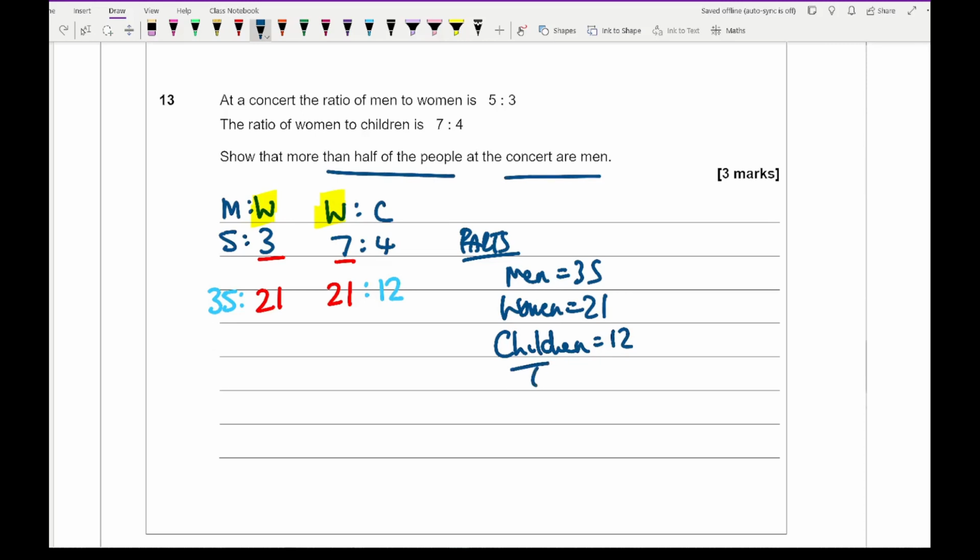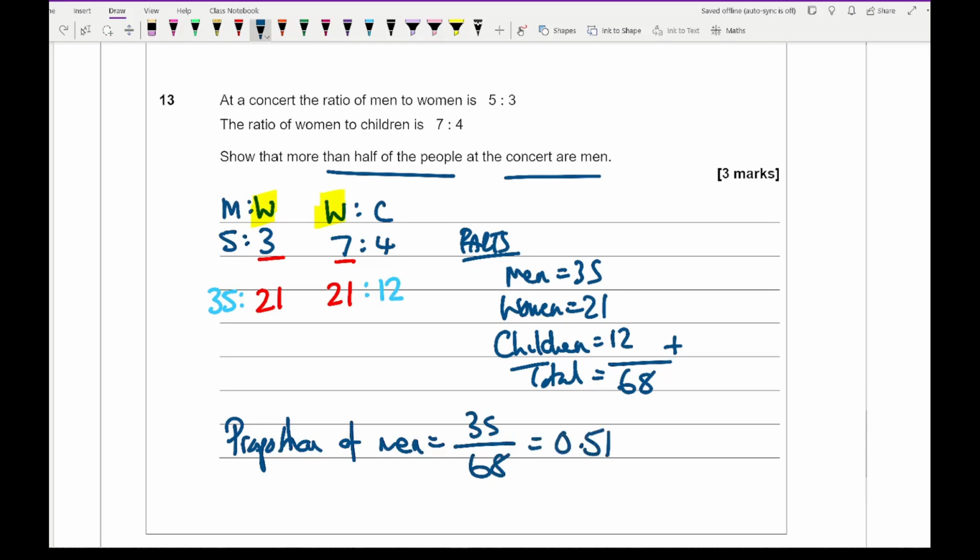So here we've got a total of 68. I'll add them together. So the proportion of men equals 35 over 68, which is roughly 0.51, and 0.51 is greater than 0.5, so therefore we have proved it.